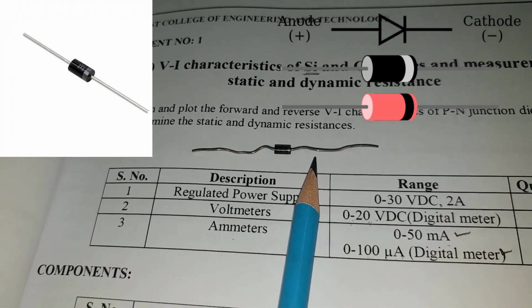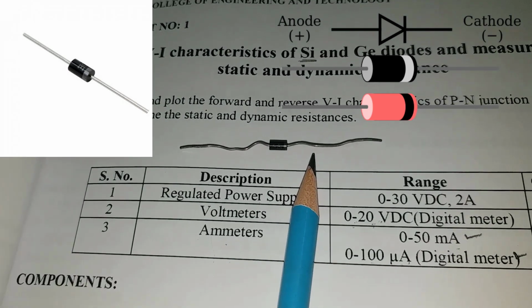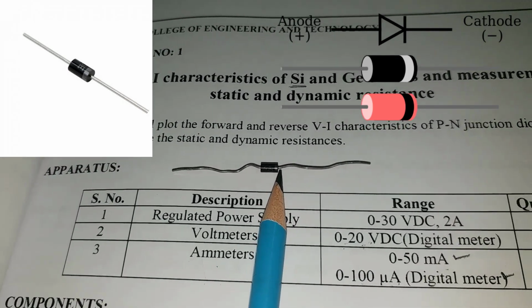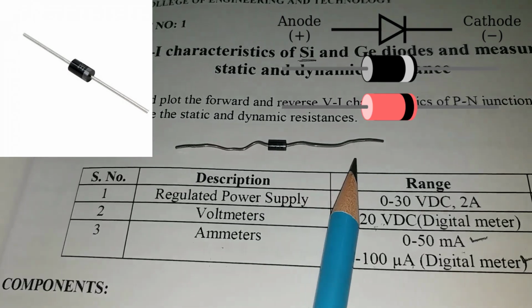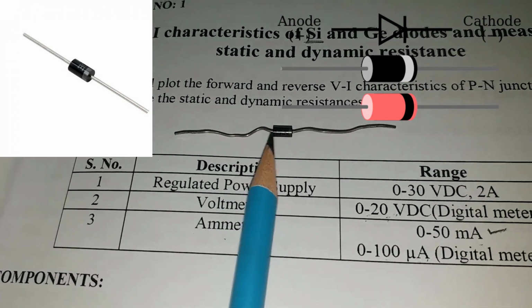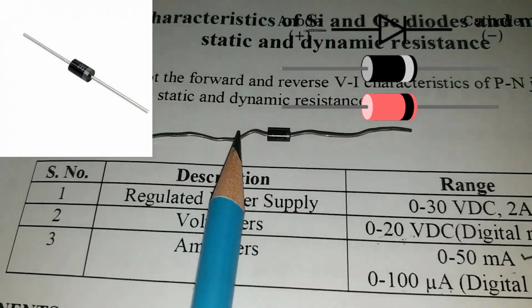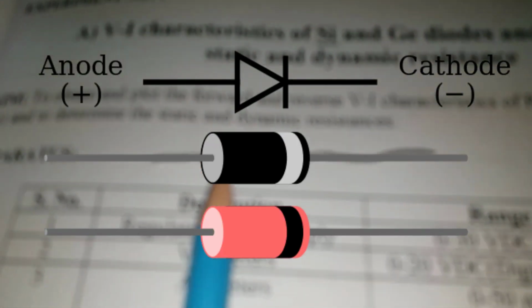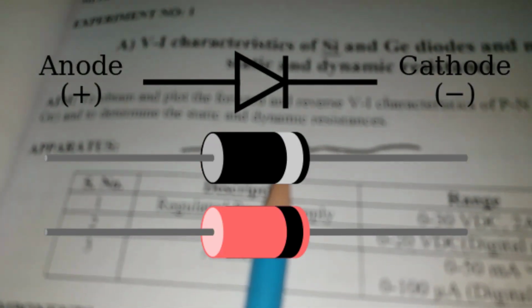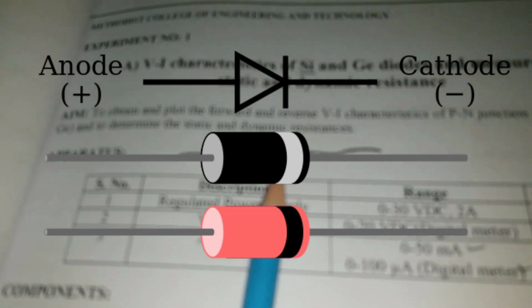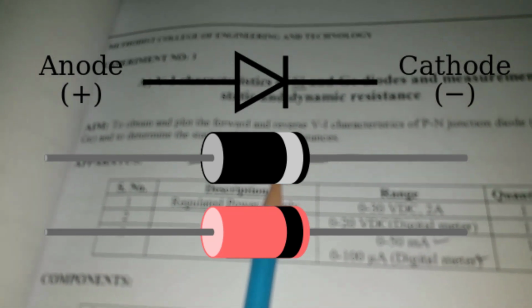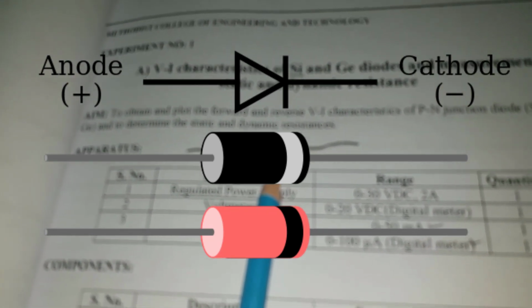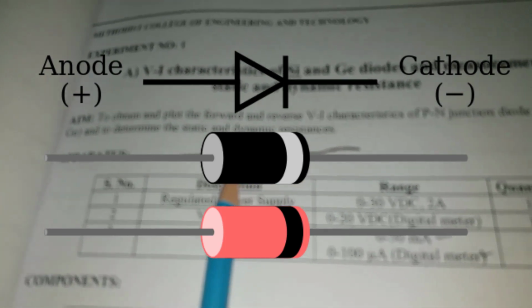To identify the polarities of the diode terminals: the side with the silver coating is negative, the cathode, and the side without the silver coating is the anode. Understanding the polarities of the diode is very important.